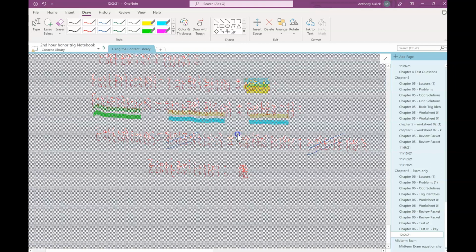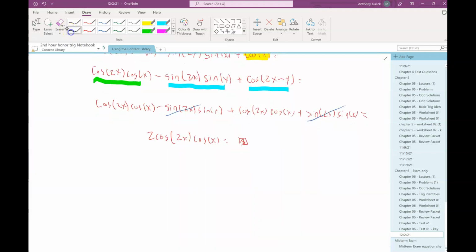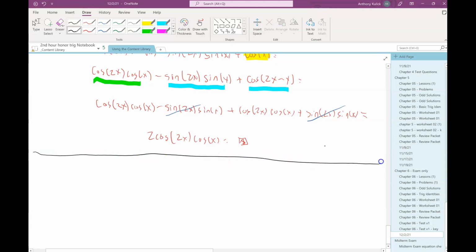Okay. So the last thing that we'll talk about here are these double angle identities. We'll derive one of them, because after you've derived one, you kind of get the idea. So sine 2u, all we need to do is think about this as sine of u plus sine of u.